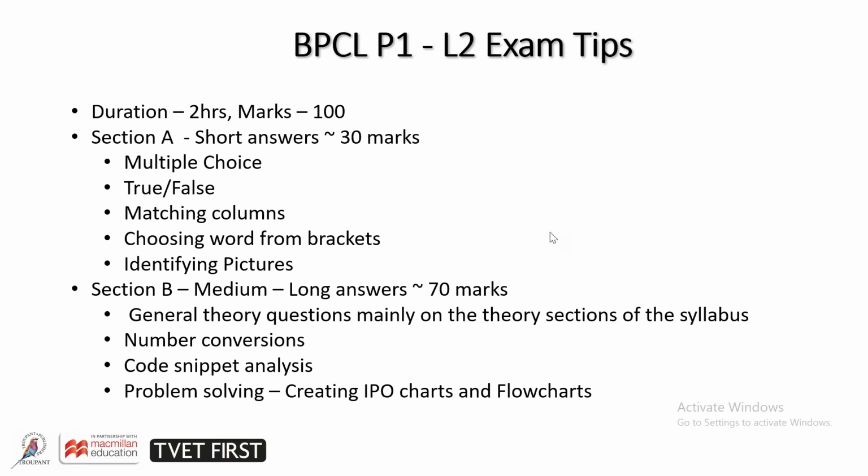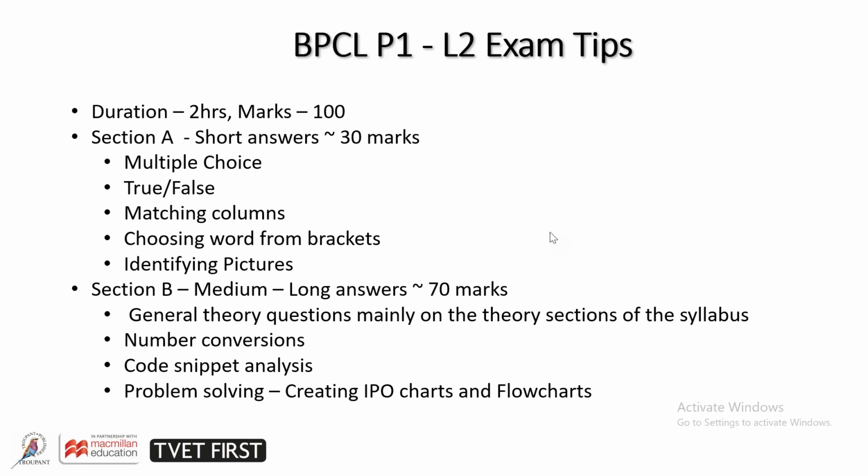So again, the kinds of questions that we get asked in section A would be multiple choice, true or false, matching columns, choosing words from options given in brackets. They may give you pictures of components, hardware, especially to test the hardware section. So they may have pictures, and then students will have to name components. So those are the kinds of short answer questions that might be in the theory exam paper.